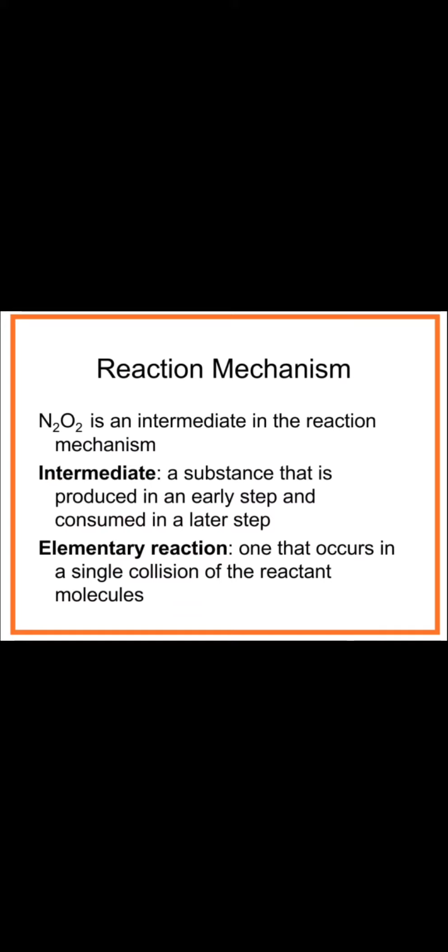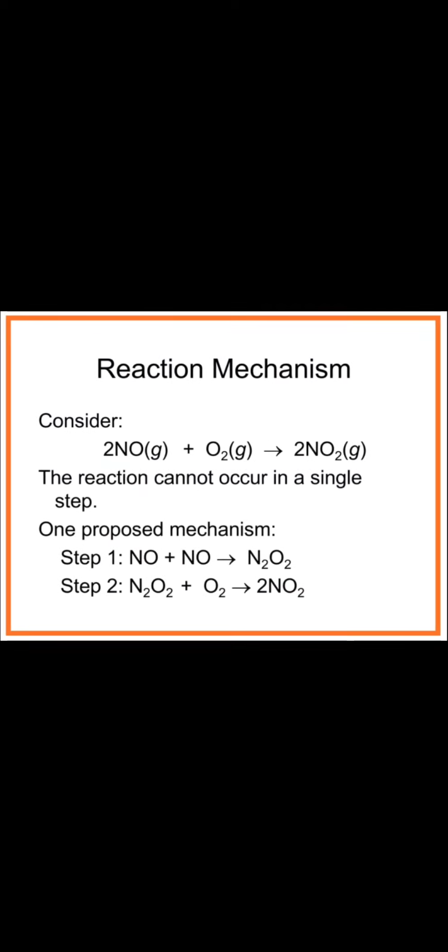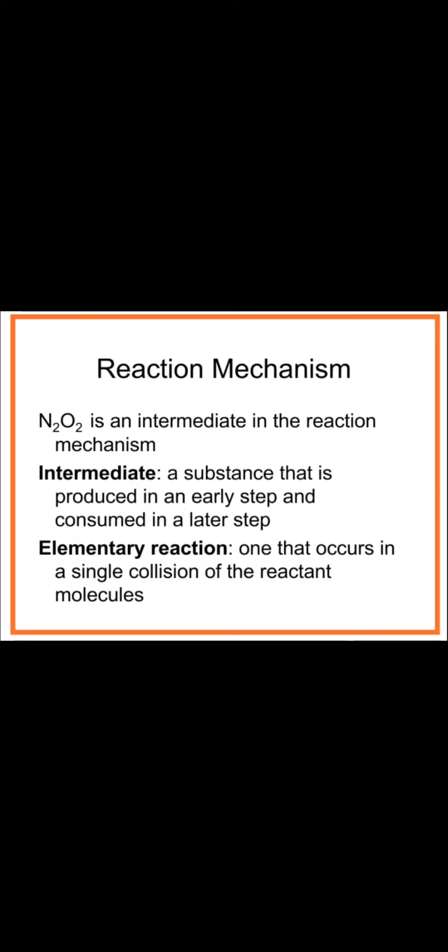This reaction intermediate does not appear in the overall reaction. Keep in mind here that N2O2 does not appear in the overall reaction. The concentration of these intermediates is very small, hence they do not appear in the rate law. An elementary reaction is one that occurs in a single collision of the reactant molecules.